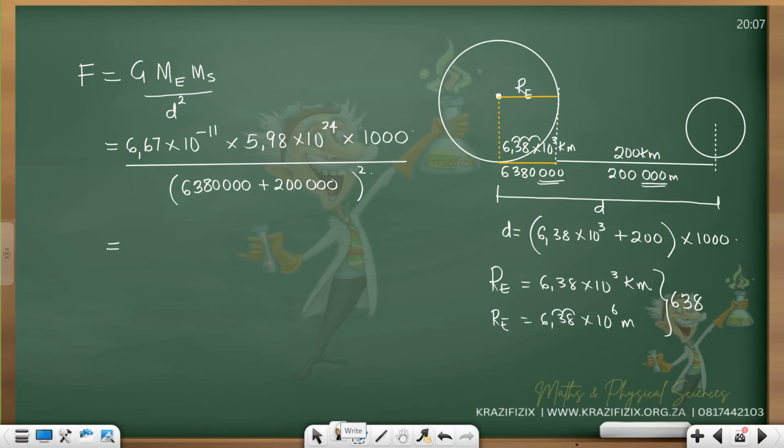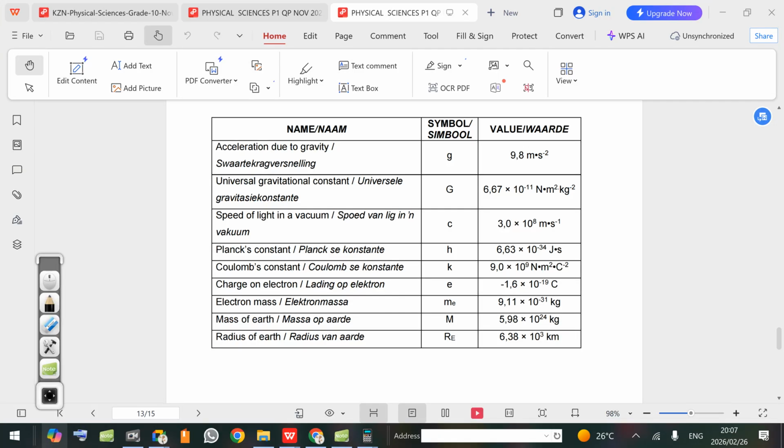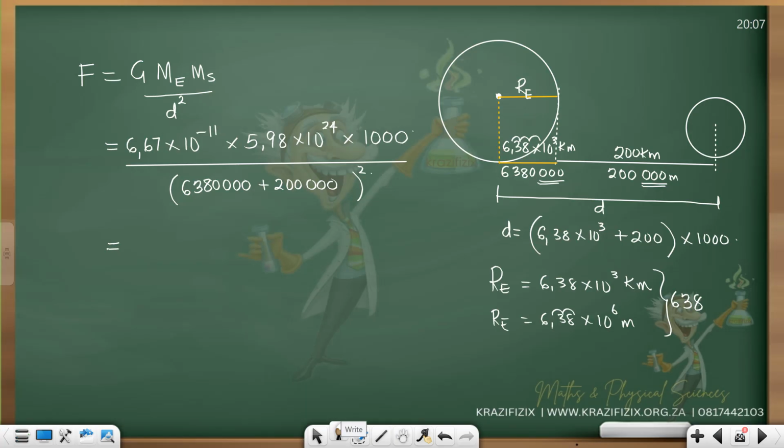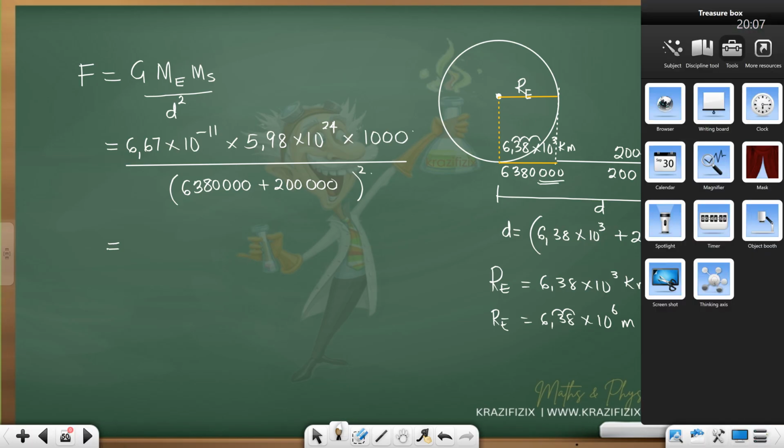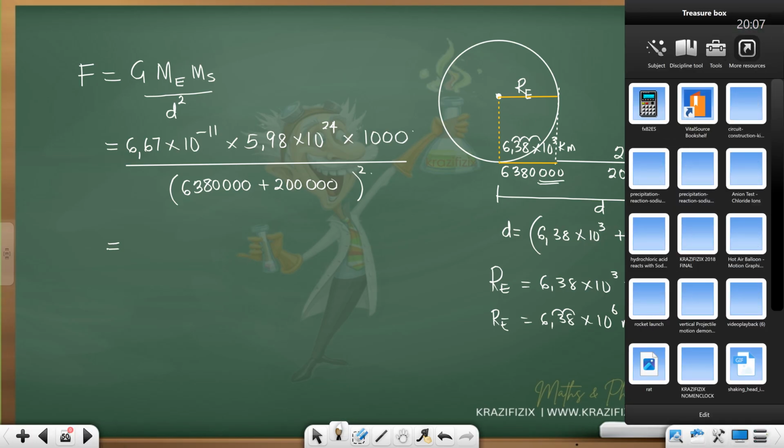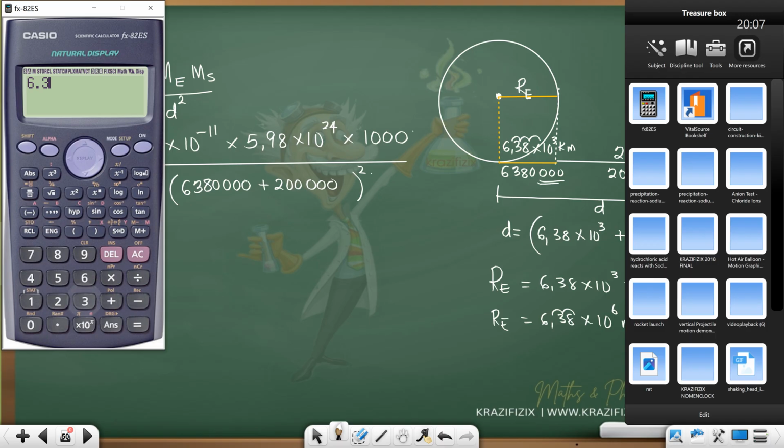You can use your calculator if you are not so sure. 6,38 times 10 to the power 3, and then you multiply by 1,000. You see 638 and 4 zeros: 1, 2, 3, 4.